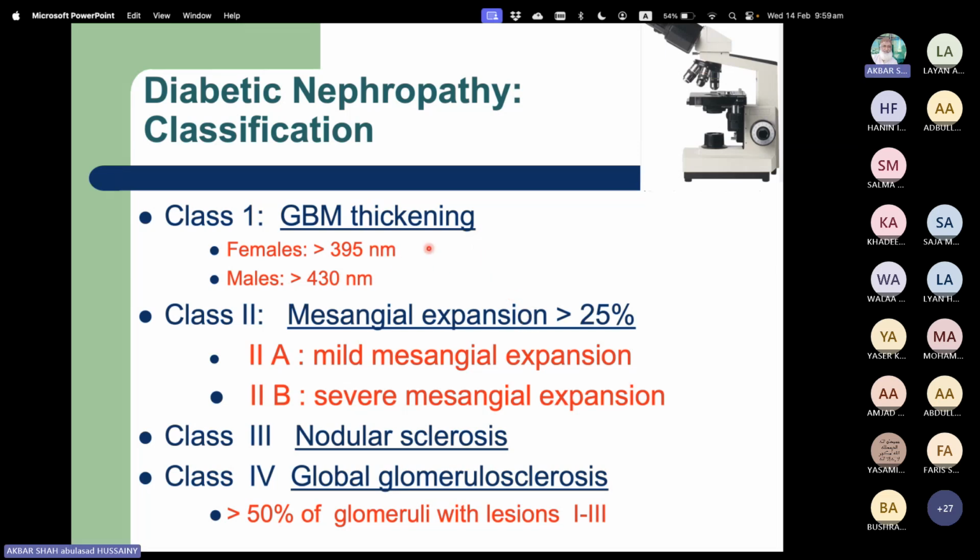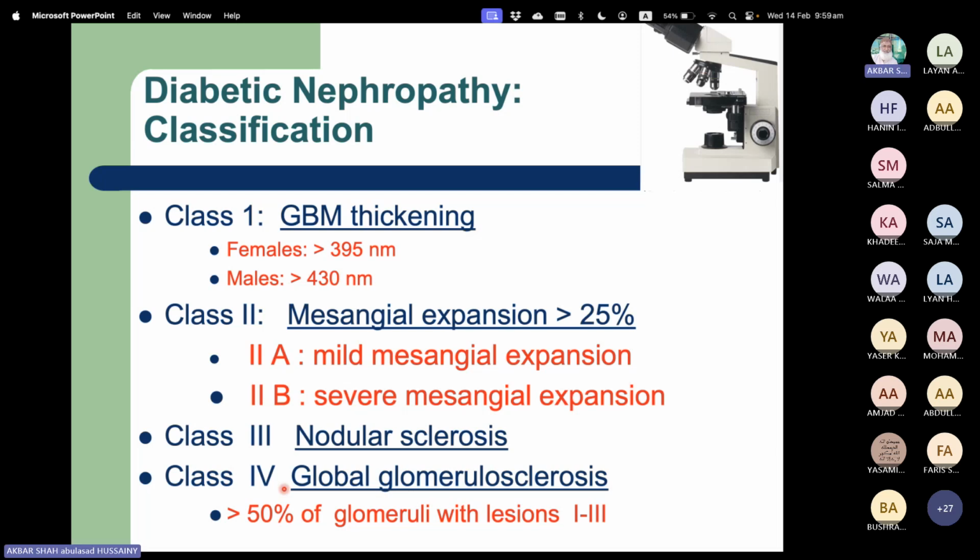So class 1 is the GBM thickening. Class 2 is the mesangial expansion, which may be A and B, mild and severe. Third is the important one, which we have just done, the nodular sclerosis. And 4 is the global glomerular sclerosis. If they have more than 50%, we call it class 4. So this is just the same morphological types.